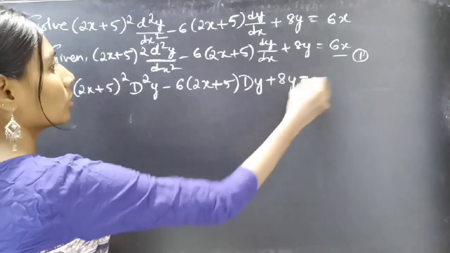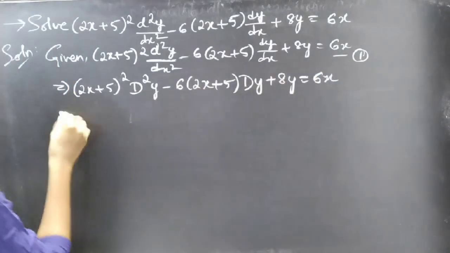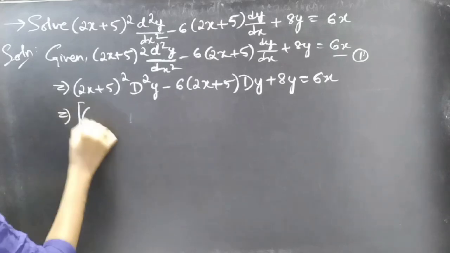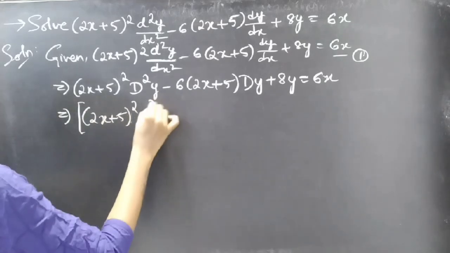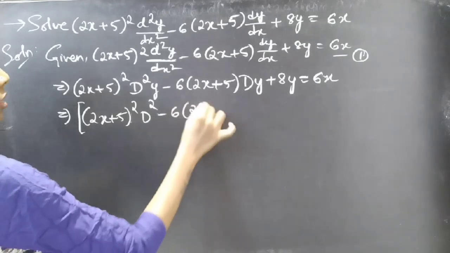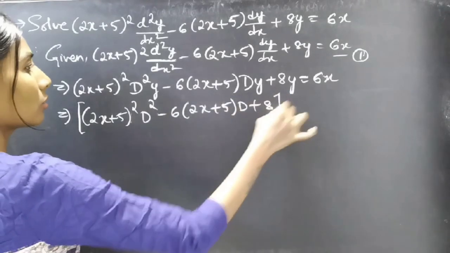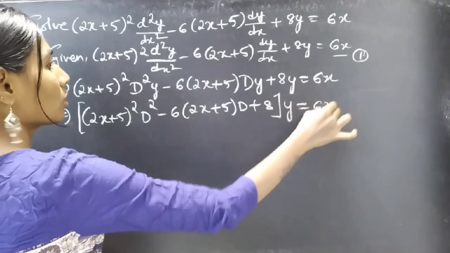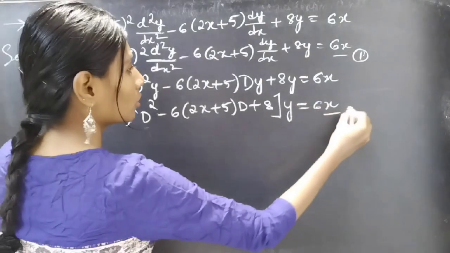Now take y common from all three terms of the LHS. We'll get [(2x+5)² D² − 6(2x+5) D + 8] y = 6x. Consider this as equation number 2.